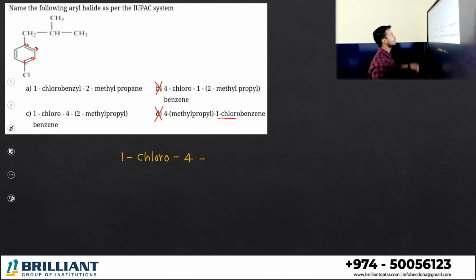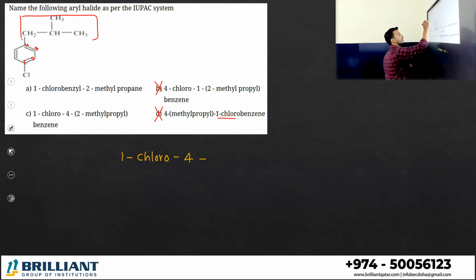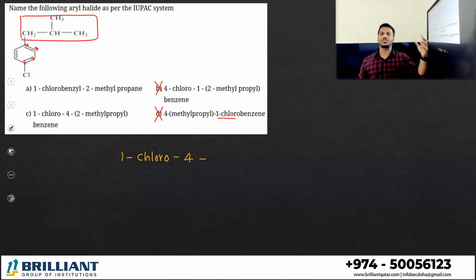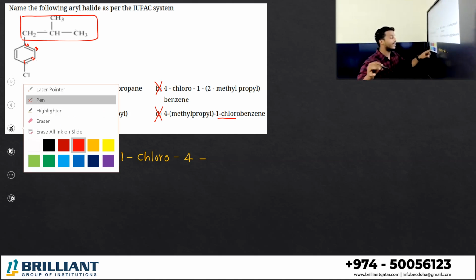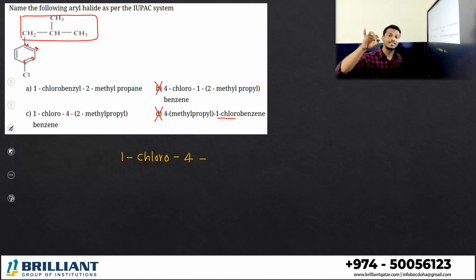4th position, dear student. On the 4th position of the benzene ring, what you have? How to name isobutyl, the big chain? Very simple. Which carbon in the branch is directly connected to the benzene ring?